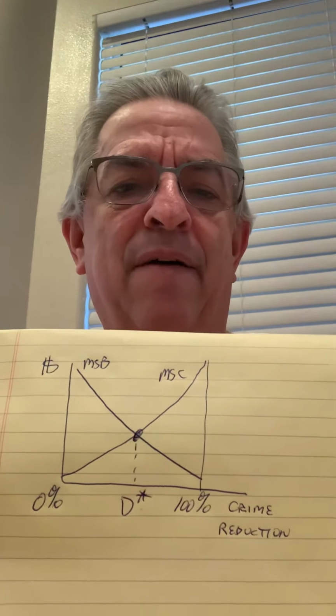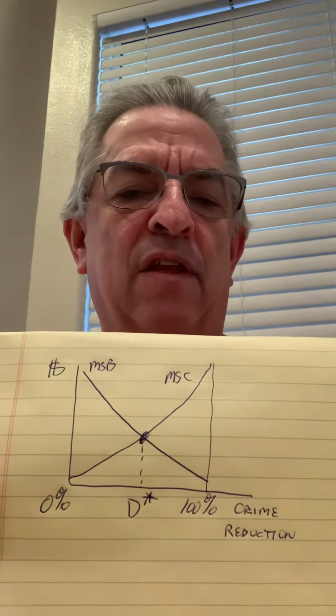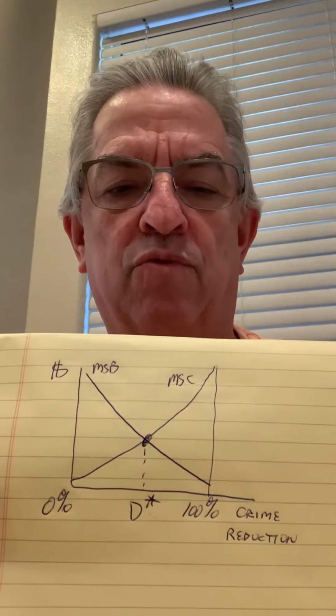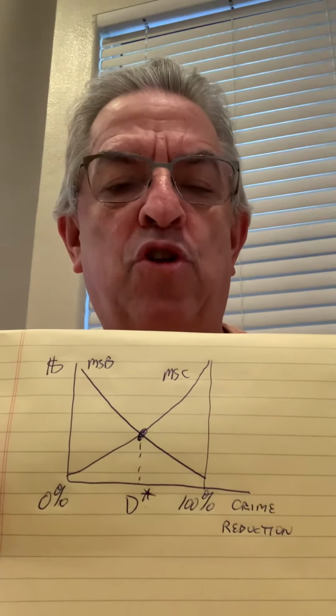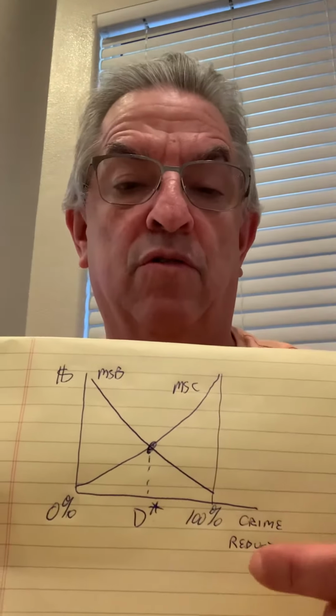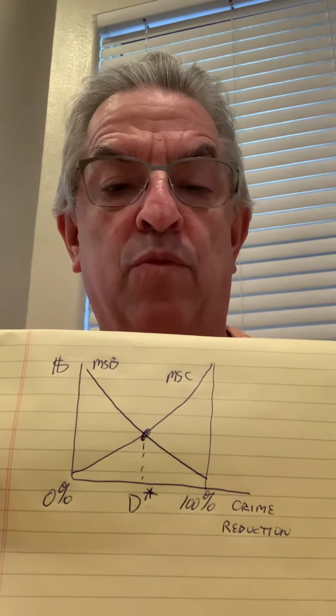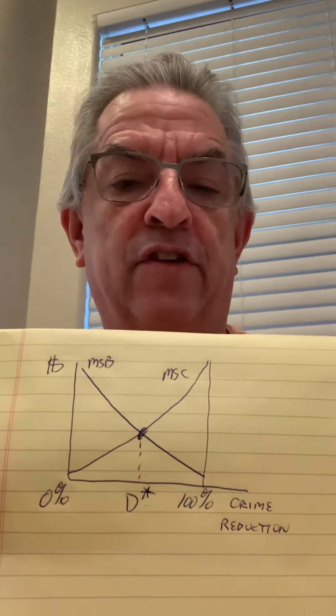Again, there's still a value to reducing it, but it's not as great as other things you can do to reduce crime. At the same token, we have to compare the marginal social benefits of reducing crime with the marginal social costs of achieving that.